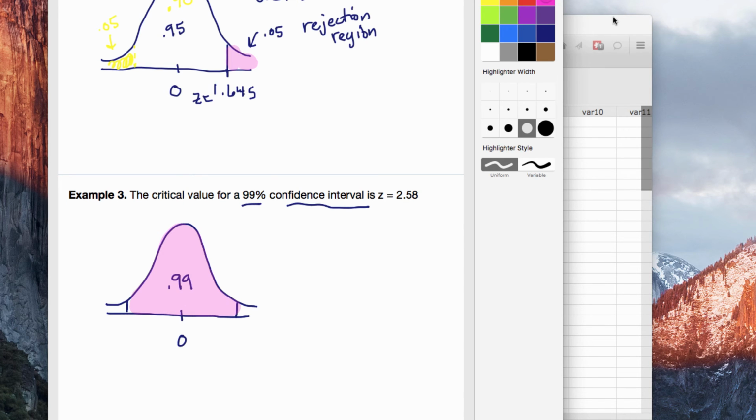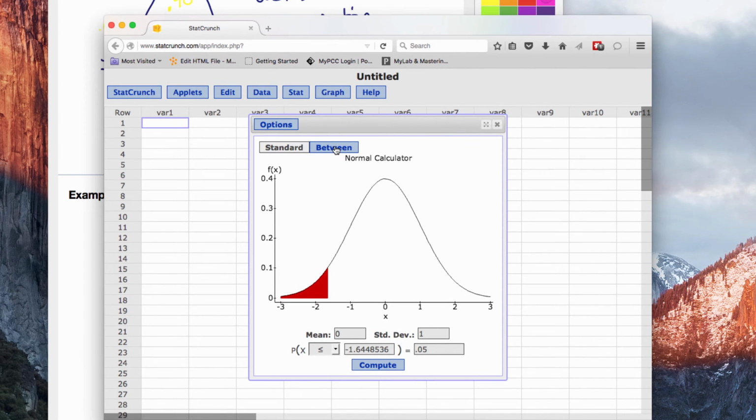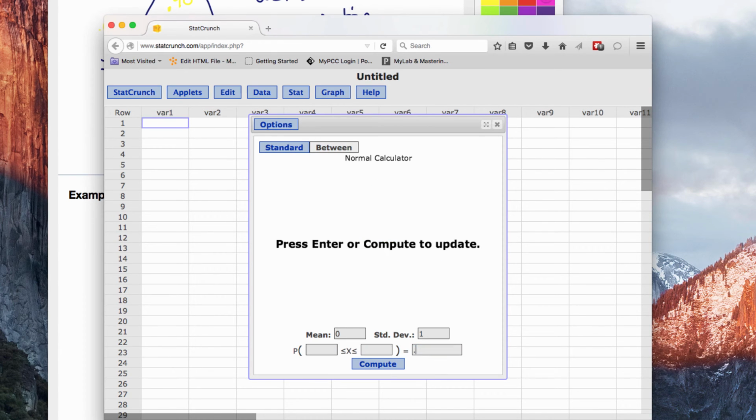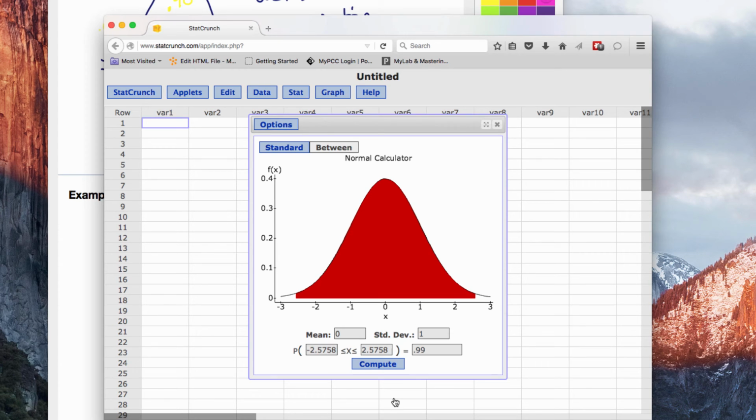On StatCrunch, I'm going to go over there now, between. If I want my area to be 0.99, I put my 0.99 over there, mean of 0, standard deviation of 1, and here are my critical values. We have a cutoff on the left side, negative 2.5758, and on the right side, 2.5758.